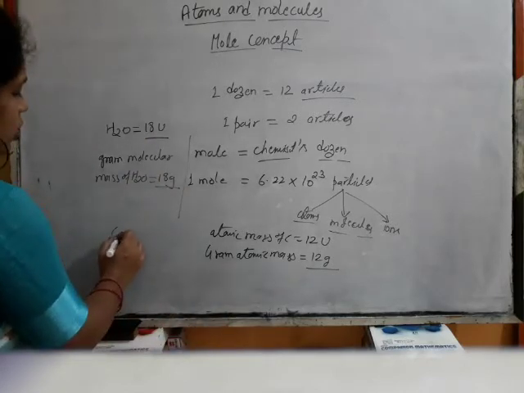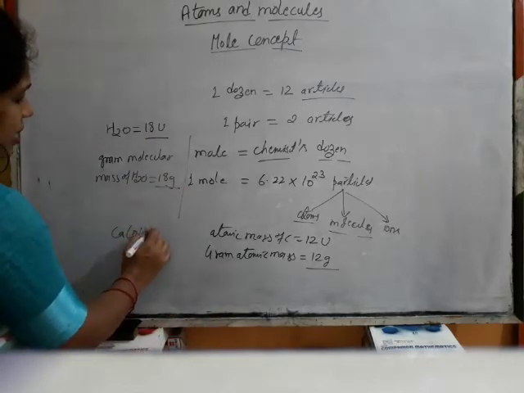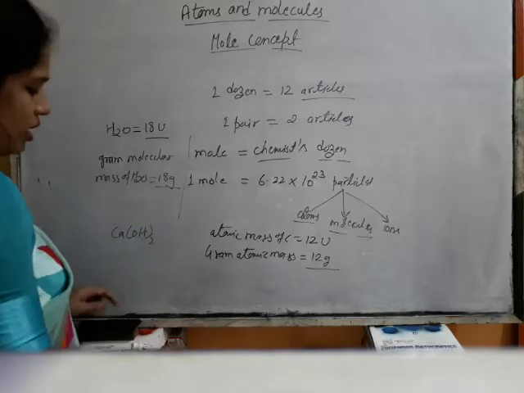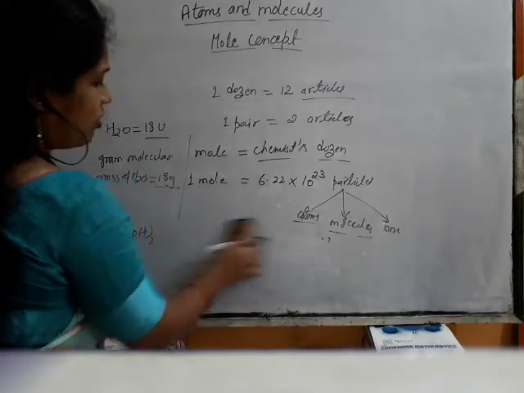Okay. Suppose Ca(OH)2. This is the formula of a compound.